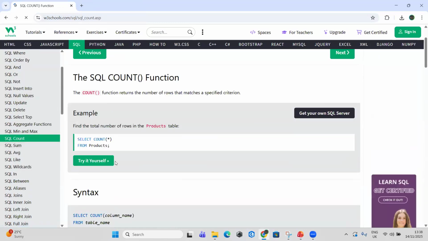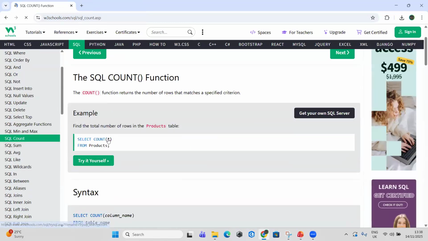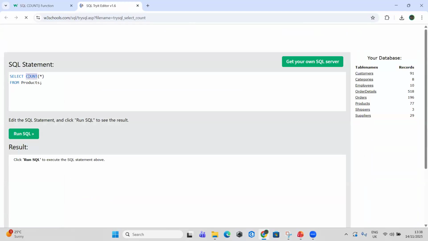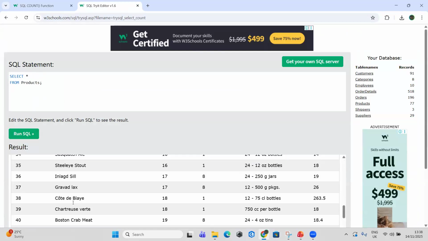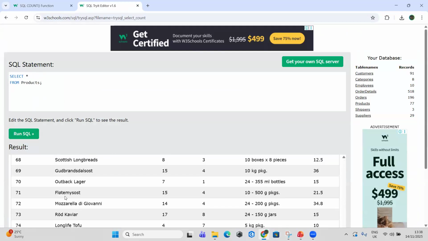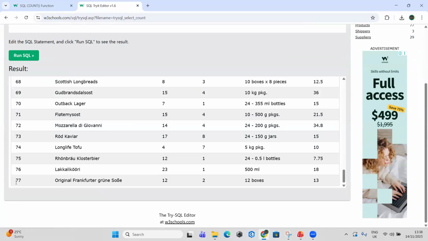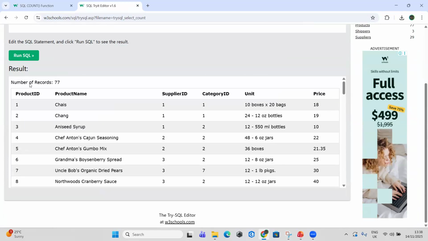Count. Now this means all. So for example, let me first have a look at the table. Select all. When you have a table, you can see you have 77 entries here, right?